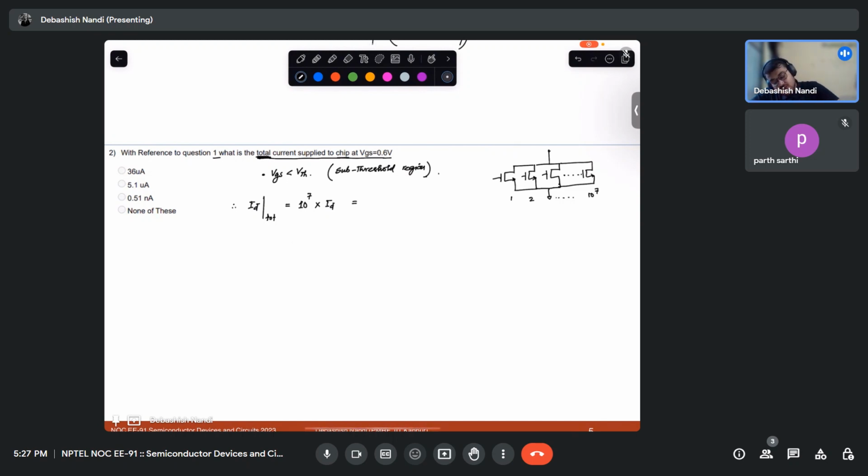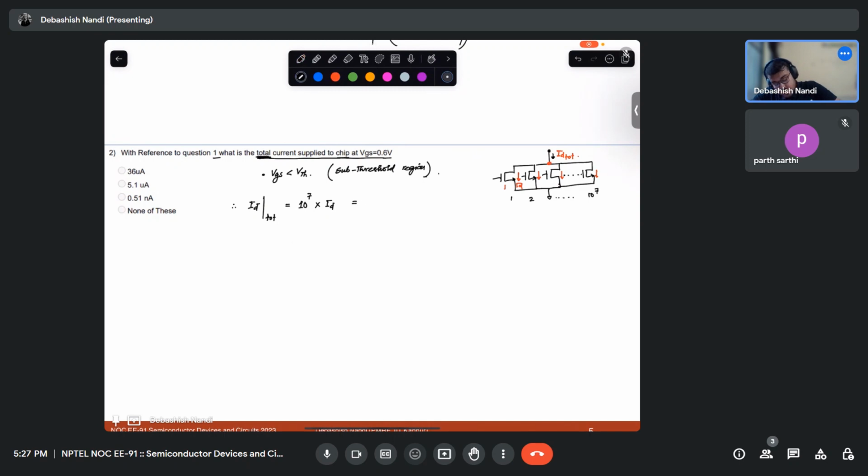This is the input total current. In this branch there will be current, in this branch there will be current, so all currents will add up if you put KCL at this node. So we need to find this ID total, which would be this ID times the total number of transistors.